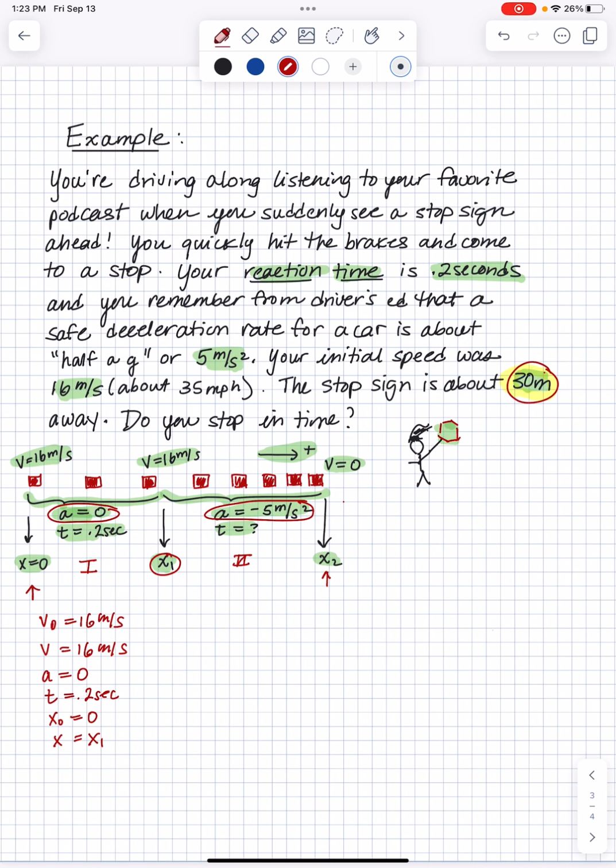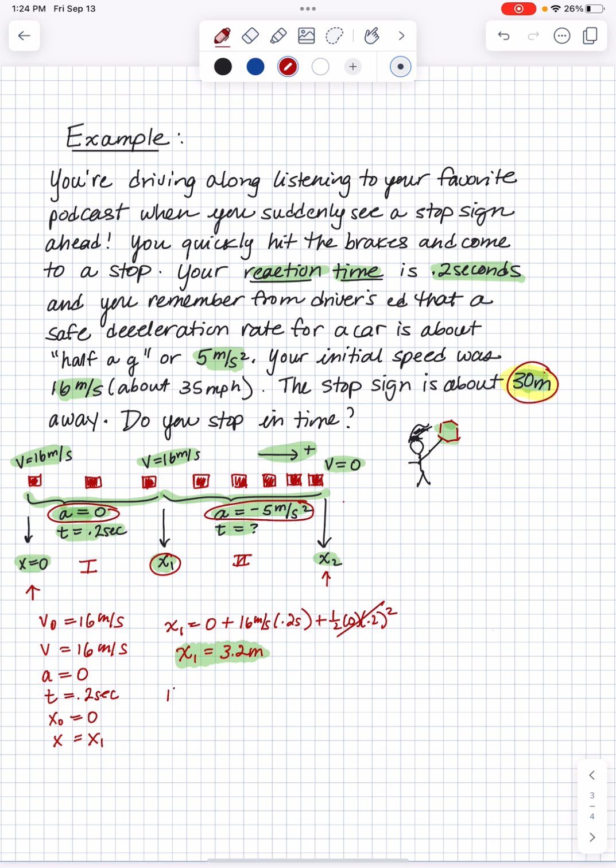So using that equation for phase 1, x final, which is what I want to know, equals x initial, which is 0, plus v initial times t, plus 1/2 a t squared, but a is 0, so that whole term goes to 0. And so that was pretty straightforward. I get that x1 is 3.2 meters. I'm going to keep that in my pocket because I'm going to need to use it as the starting point for phase 2 in order to get x2.